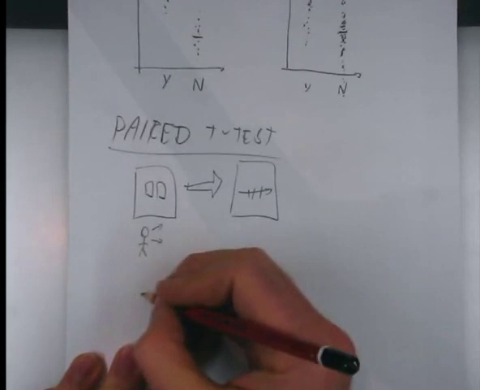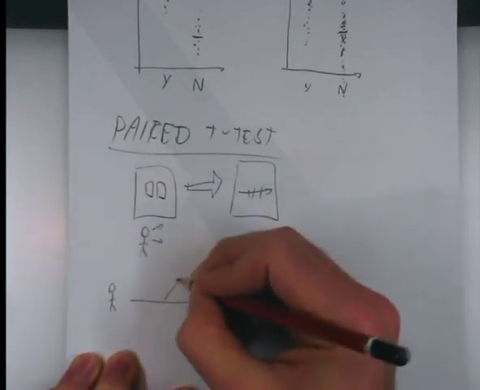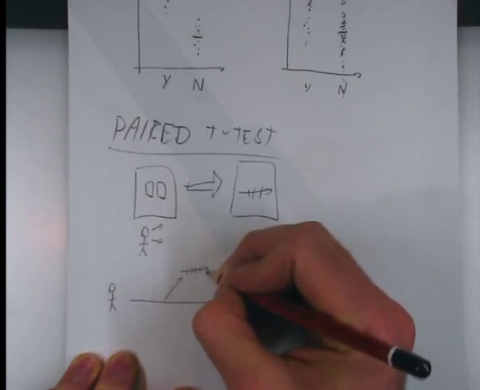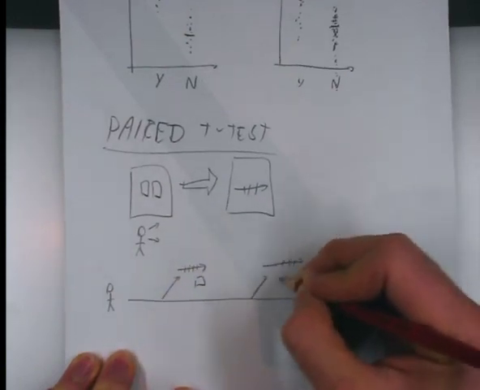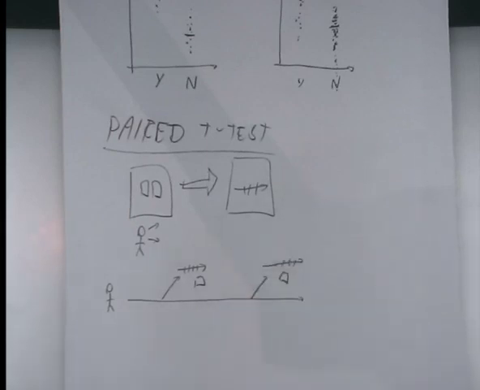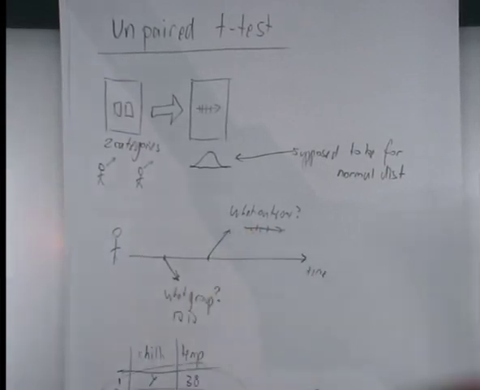And in terms of the time order of events for my people, I'll measure the outcome under one category, and then later I'll measure the outcome again under another category. Whereas back in the two-sample t-test, I figured out which group they were in and I measured the outcome as separate events.